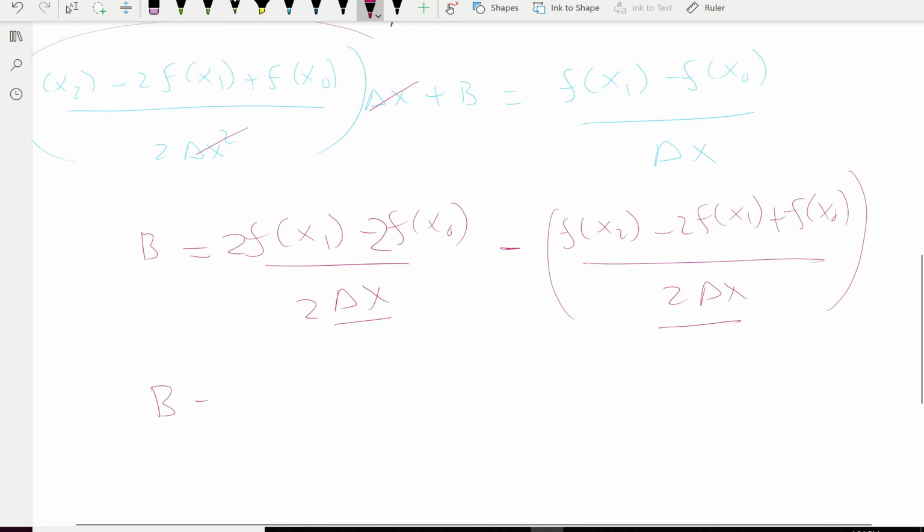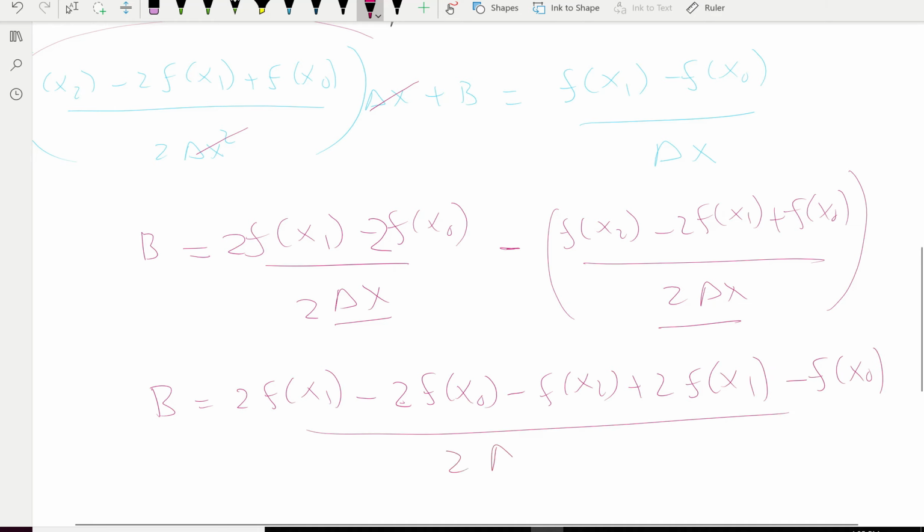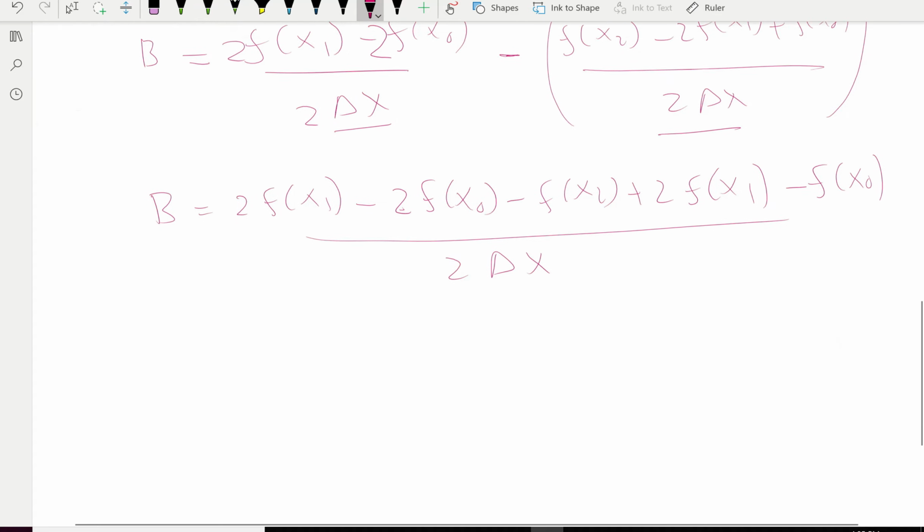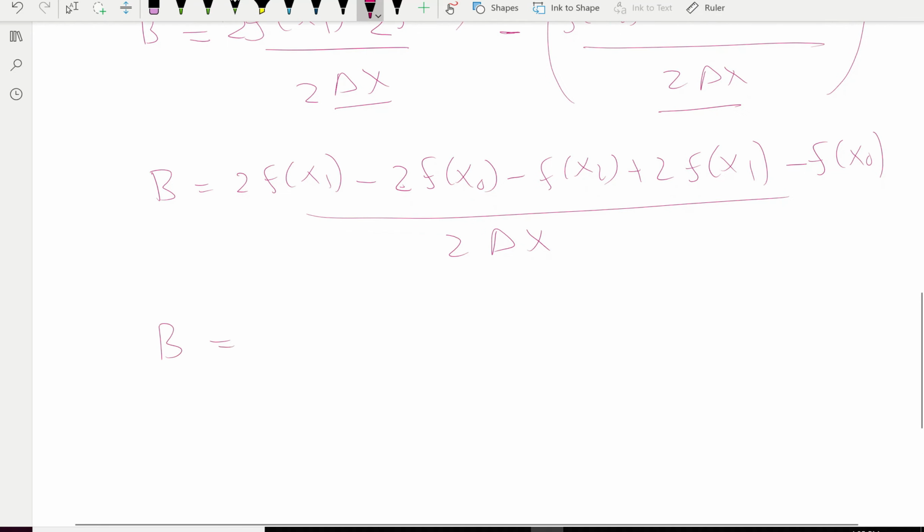So b is going to be 2f(x1) minus 2f(x0) minus f(x2) plus 2f(x1) minus f(x0) divided by 2Δx. Let's see what we get after simplification. b is 2f(x1) and 2f(x1), it seems to be 4f(x1). Nice.